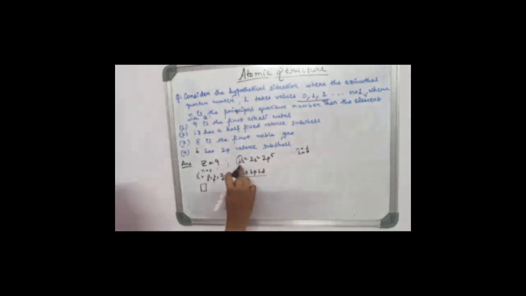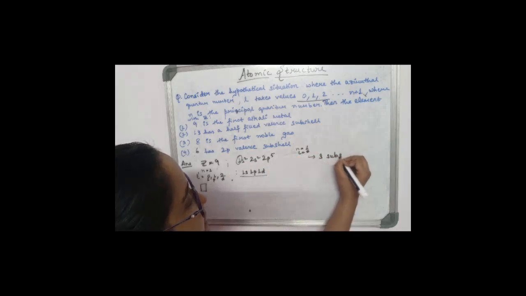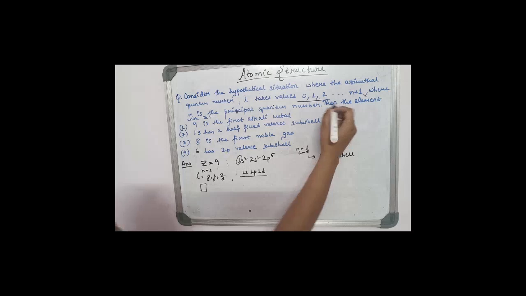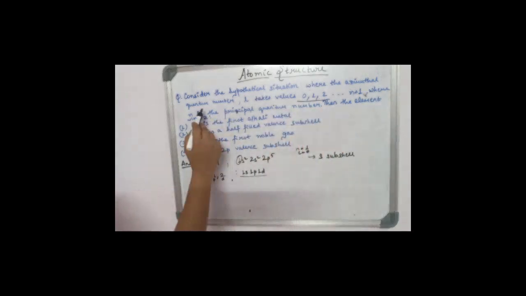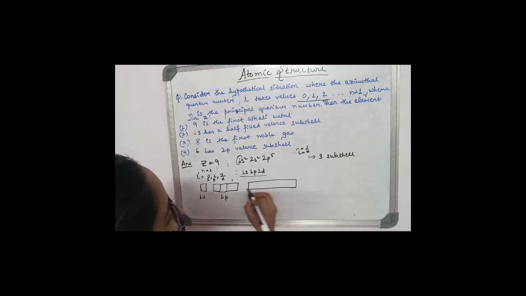So in n is equal to 1, we get only one subshell, that is L is equal to 0, the s subshell. But in the new format, with the azimuthal quantum number ranging from 0 to n plus 1, we get 3 types of subshells, 1s, 1p and 1d in the n is equal to 1 level.